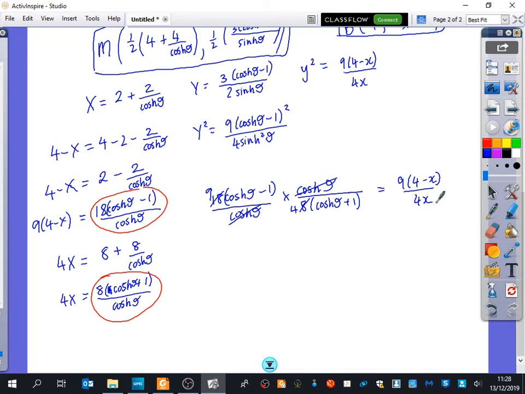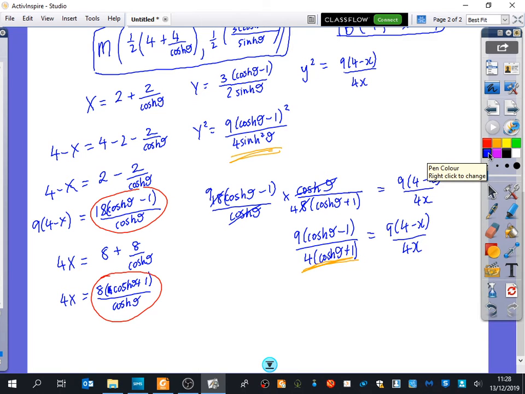So let's just simplify what we've got. We've got 9 cos theta minus 1 over 4 cos theta plus 1 is equal to 9, 4 minus x over 4x. But that doesn't look like this thing. I need them to match. Times it by cos theta minus 1 over cos theta minus 1.